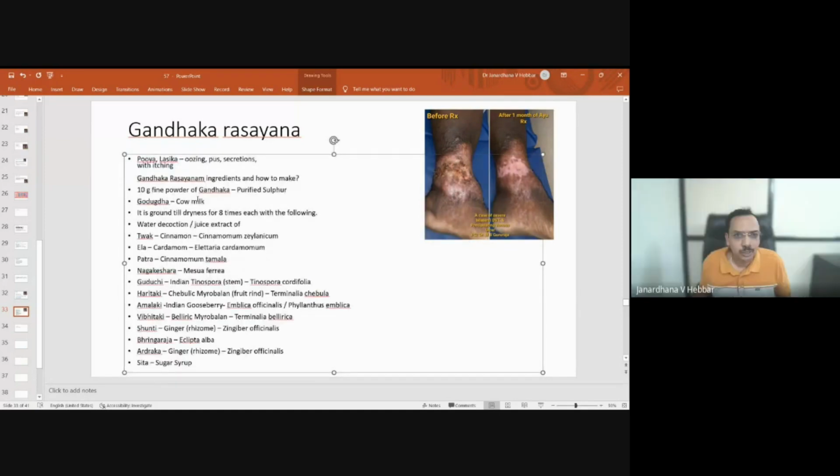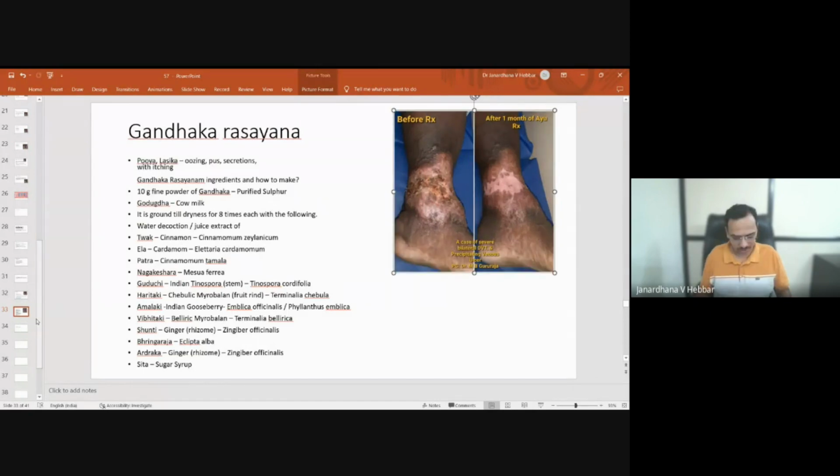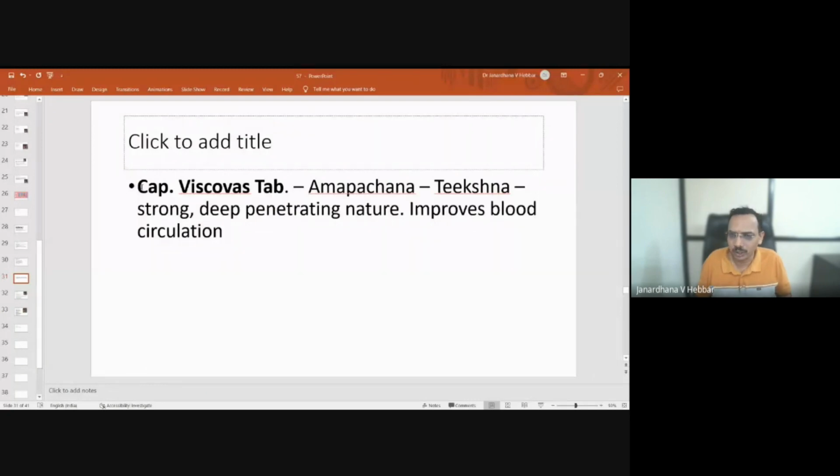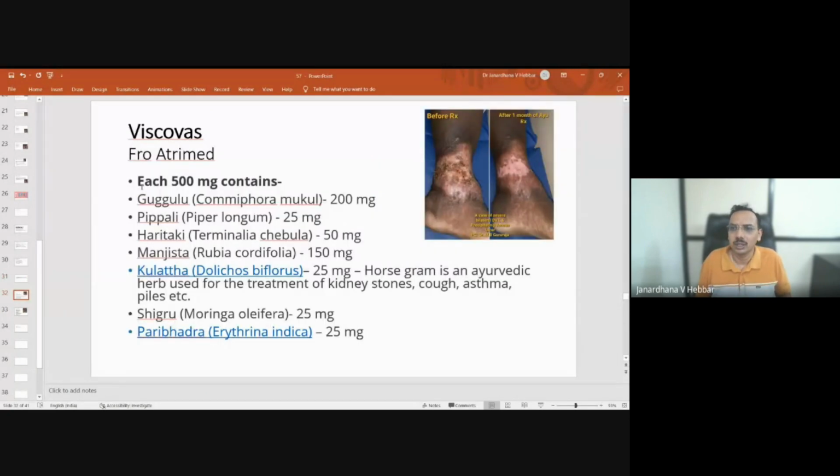Yeah, Gandhaka Rasayana is prepared with pure Shuddha Gandhaka, given bhavana with so many things. Wonderful, great. Taking the counter view, these are all, I would say, improving the blood circulation, etc.